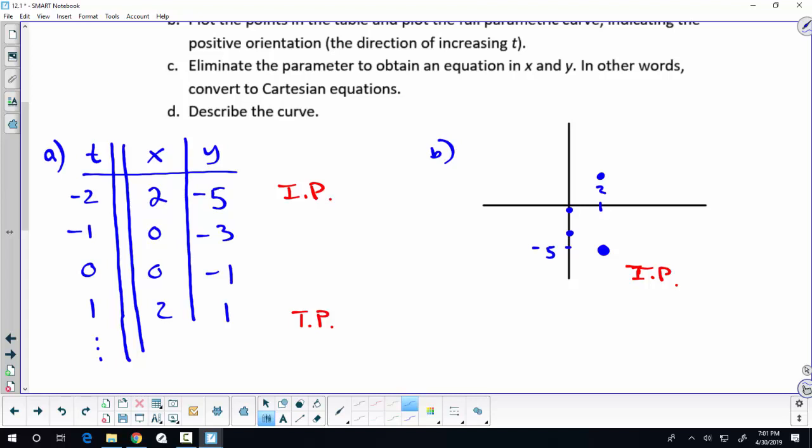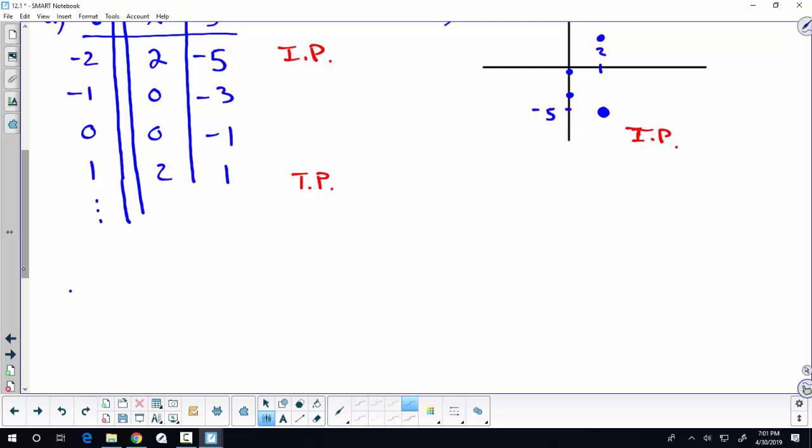But we can look at part C to help us with that. So eliminate the parameter. t squared plus t, and it's 2t minus 1.